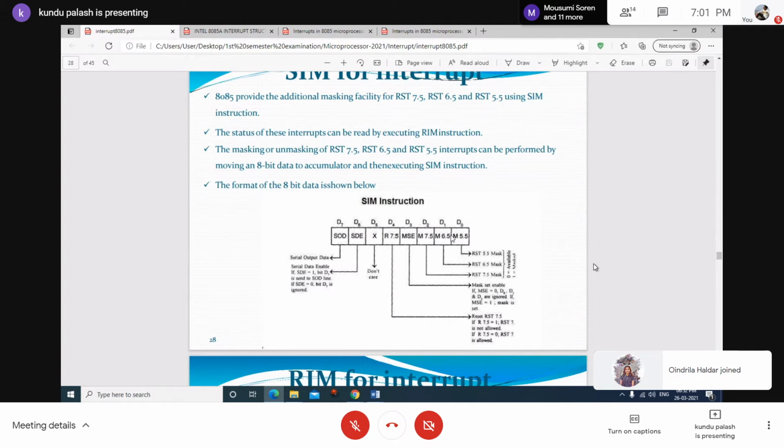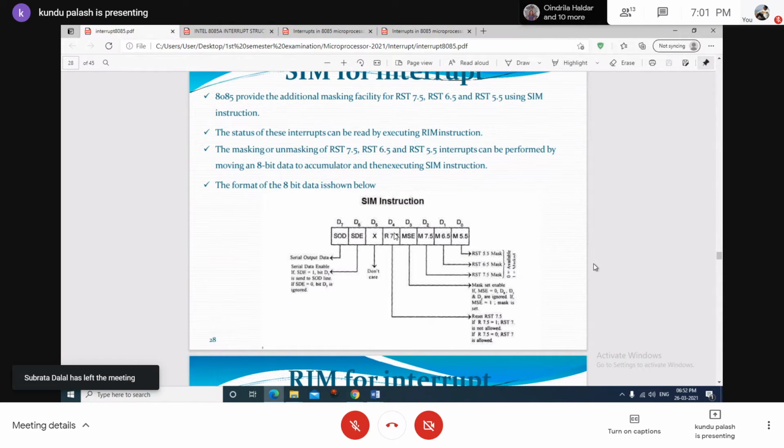So mask set enable should be 1. D4 corresponds to the reset for the RST 7.5 interrupt signal. D5 is undefined, don't care. D6 and D7 are used for another application, serial data communication, SDE and SOD. This is not related to the interrupt masking operation.